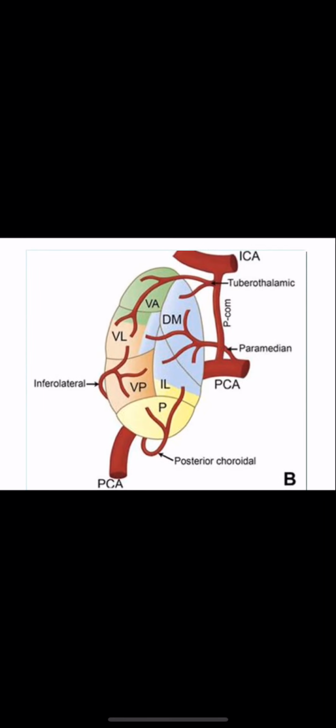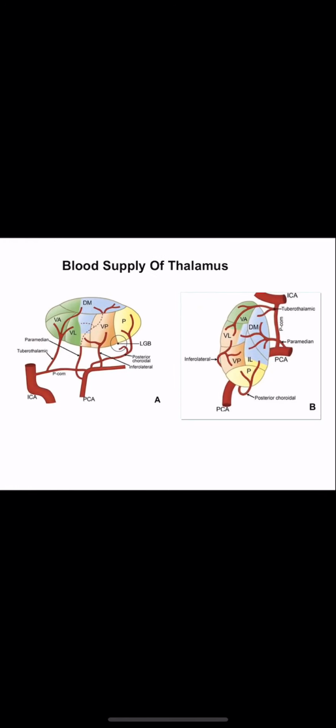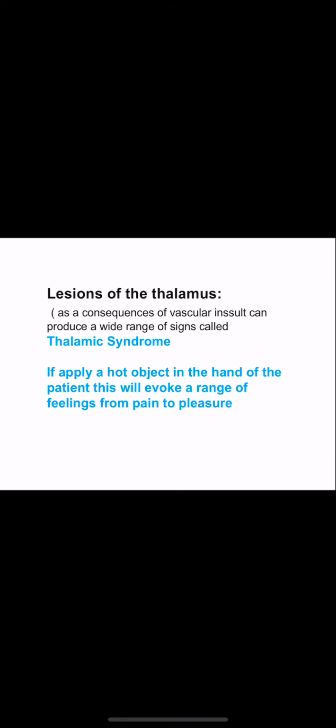This is the first point. And the second point: when we have a vascular insult, or even a CVA, in these branches, this will affect the tissue of the thalamus and the function of the different nuclei, and this will end up with a wide range of symptoms and signs according to the area affected by the ischemia.